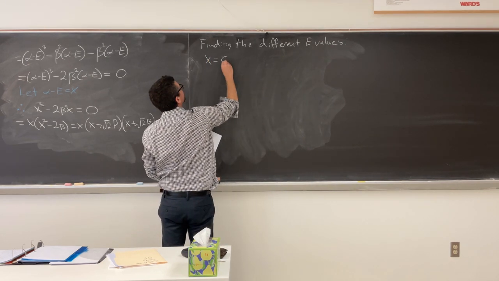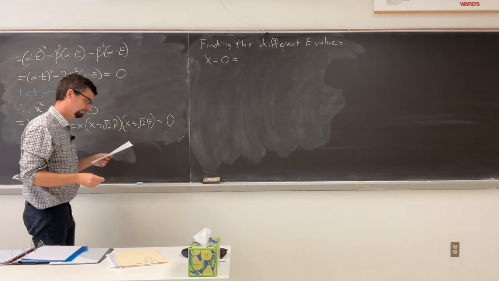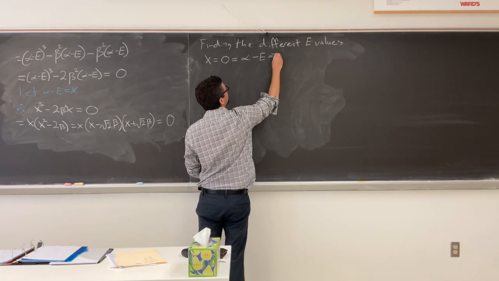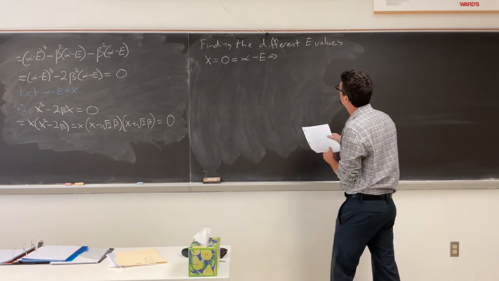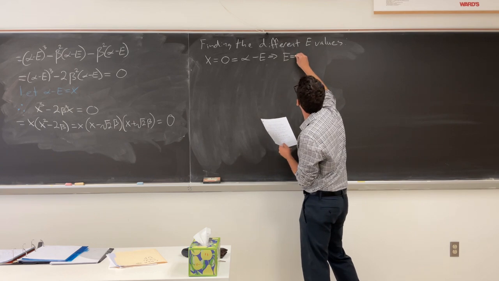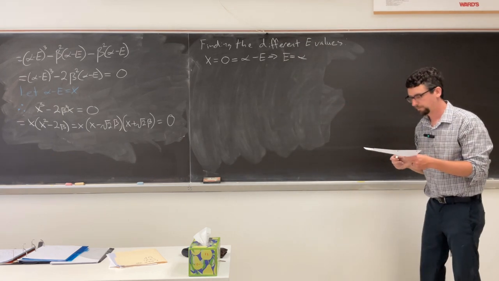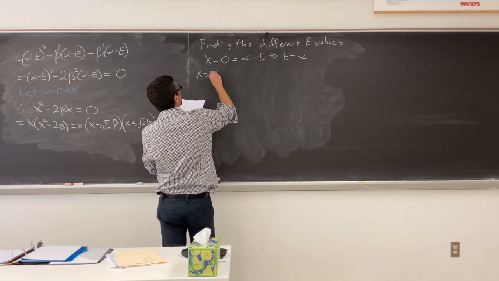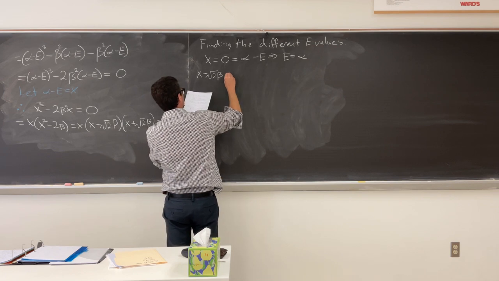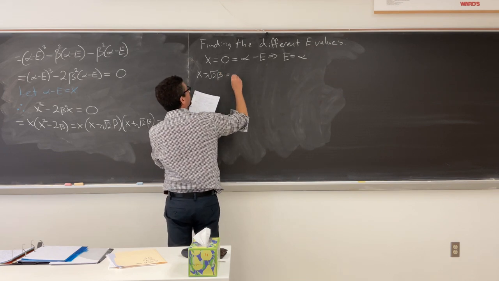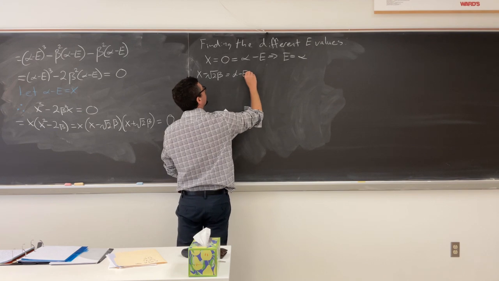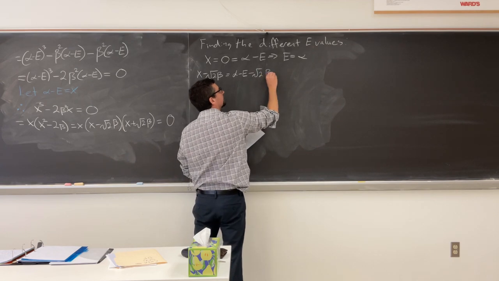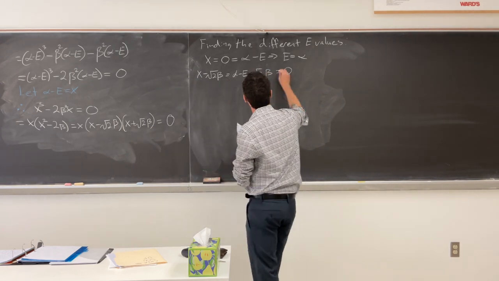We got x is equal to 0. What was x equal to again? Alpha minus E. So if I manipulate that around, then we had x minus square root of 2 beta, which is equal to E minus alpha minus square root, alpha minus E equal to 0.